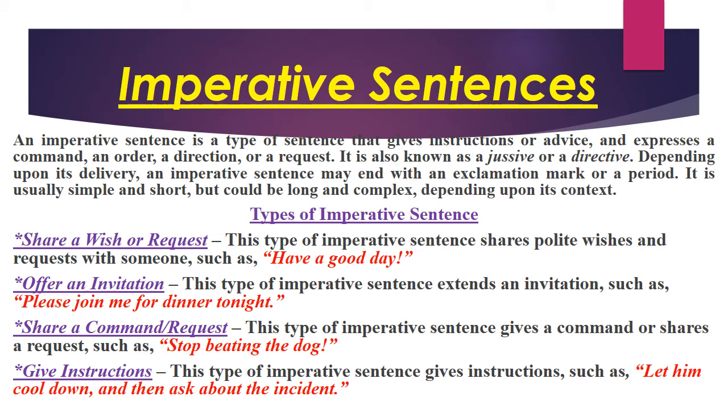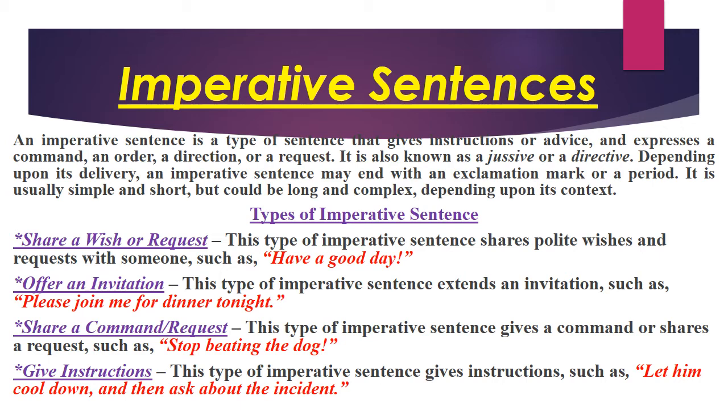Next one, to offer an invitation. So we can use imperative sentences to extend an invitation, such as please join me for dinner tonight. I'm waiting for you. Please join me for dinner tonight. So here it is something like giving an offer or just an invitation.